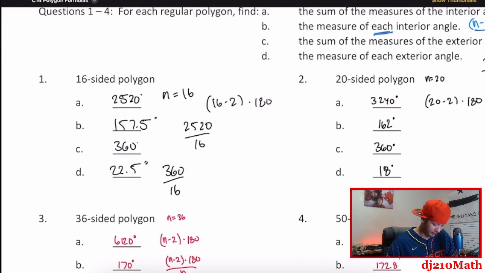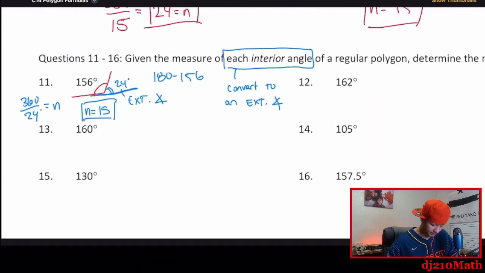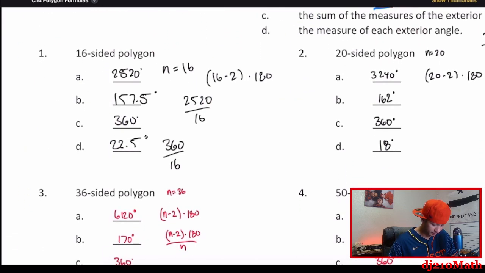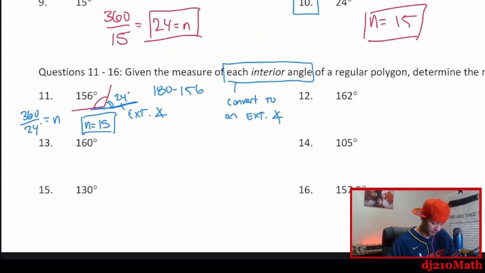Okay, so let's try it again. Let's keep doing that. 160. So 180 minus 160 is going to give us 20. 20 degrees, that's an exterior angle.